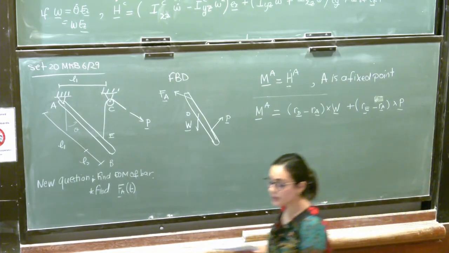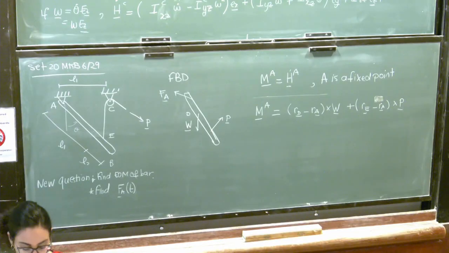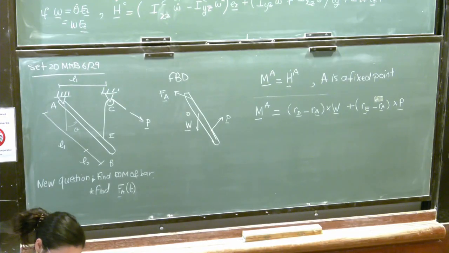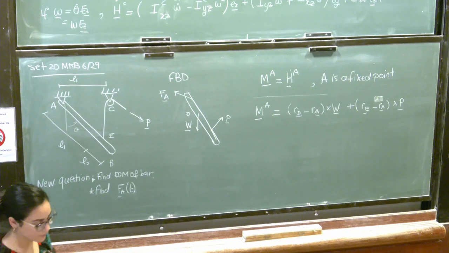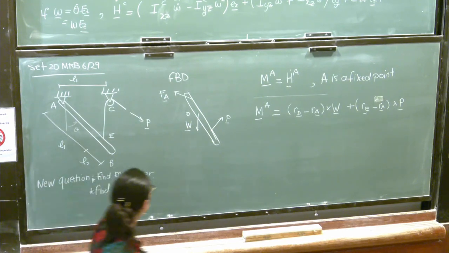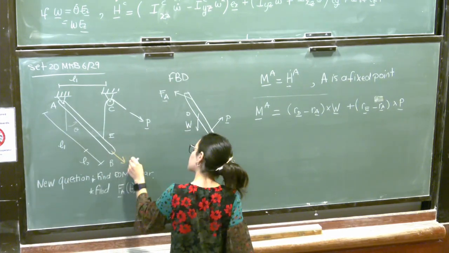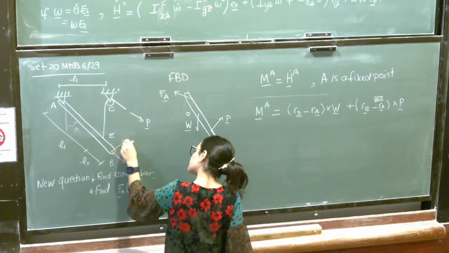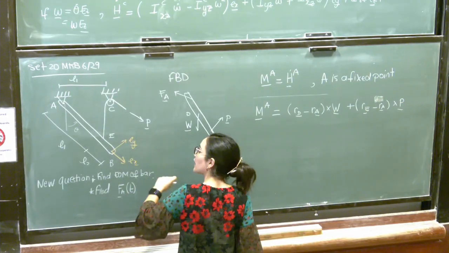Maybe I'll add a co-rotational basis on my rod. Maybe that'll make the problem a little bit easier. EX, EY.